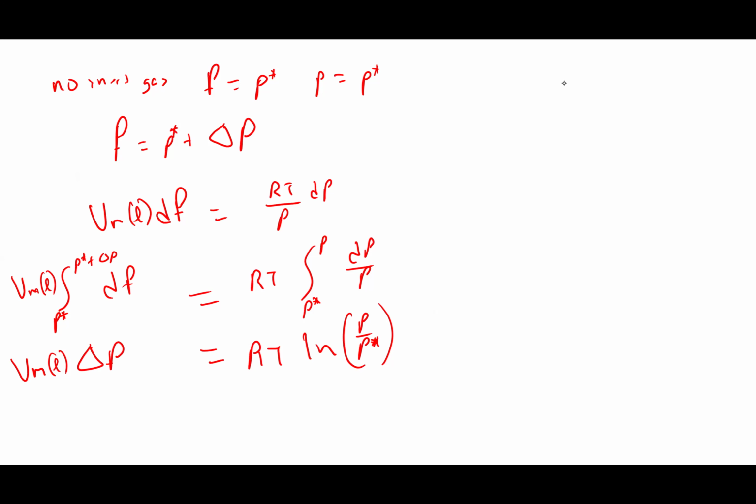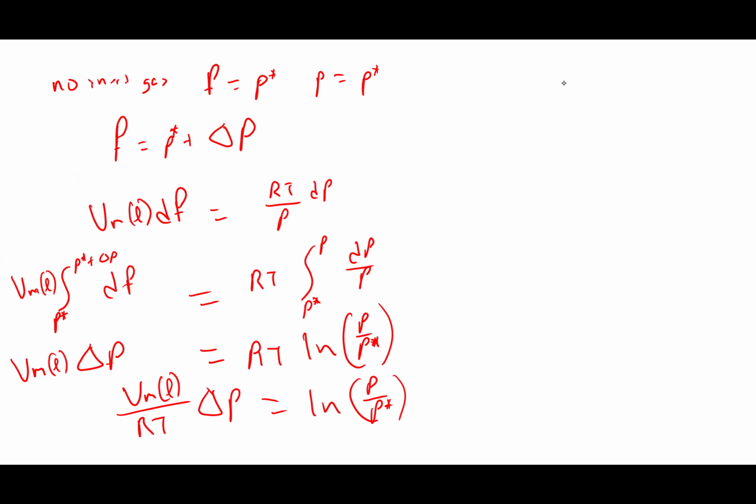If we assume the P naught terms are the same, they cancel each other out, and you're left with only delta P. If we rearrange a little bit, we get Vm of our liquid over RT times delta P, the additional pressure, equal to the natural log of P over P naught. And P naught, again, is the normal vapor pressure of that liquid, of that compound.